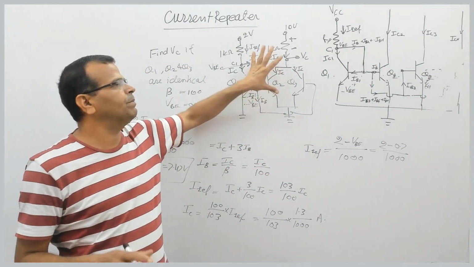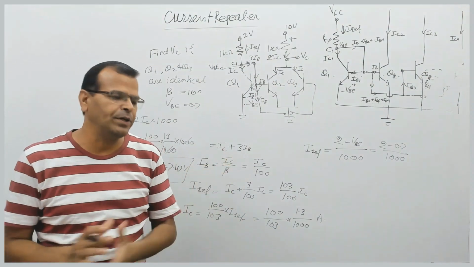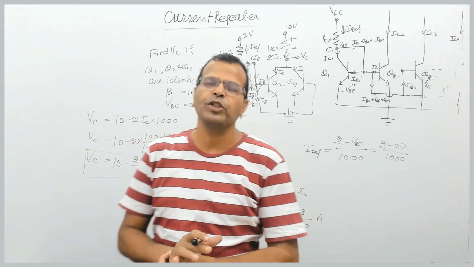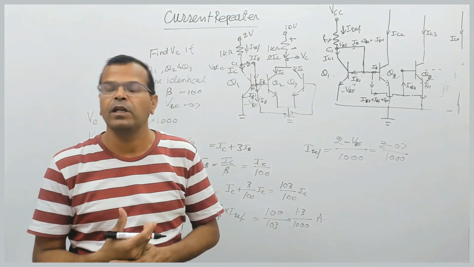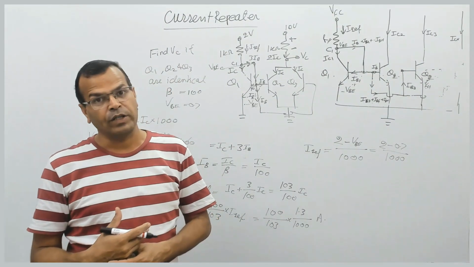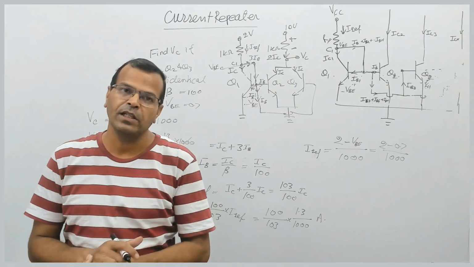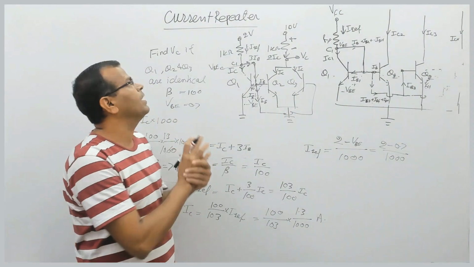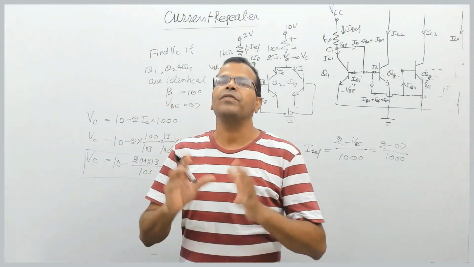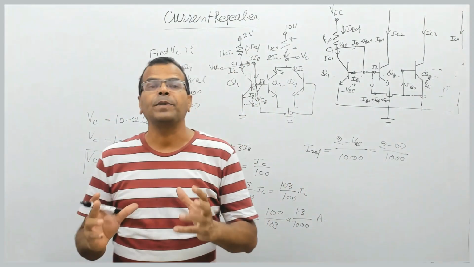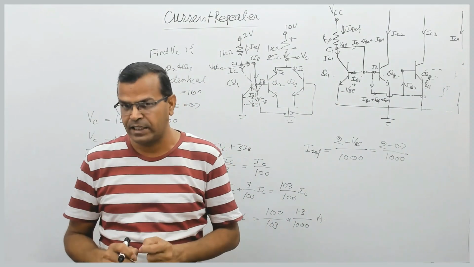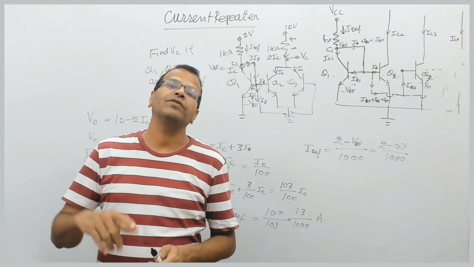That was the question based on the current repeater. That was a question in instrumentation engineering, but of course there can be questions in electrical or electronics based on this current repeater circuit. So this is all about the current repeater circuit, and that finishes the chapter of compound circuits. These are the circuits which we have already discussed.